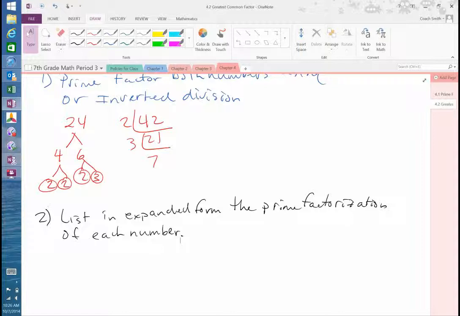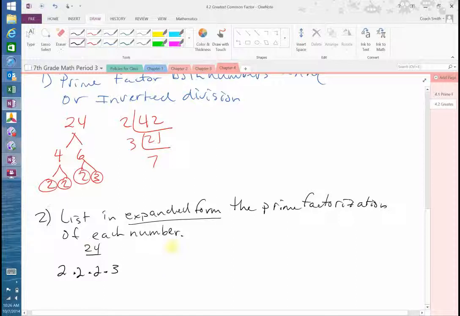If we list the expanded form, what I mean by that is without the exponents. So 2 times 2 times 2 times 3 was for 24. 42 was 2 times 3 times 7.